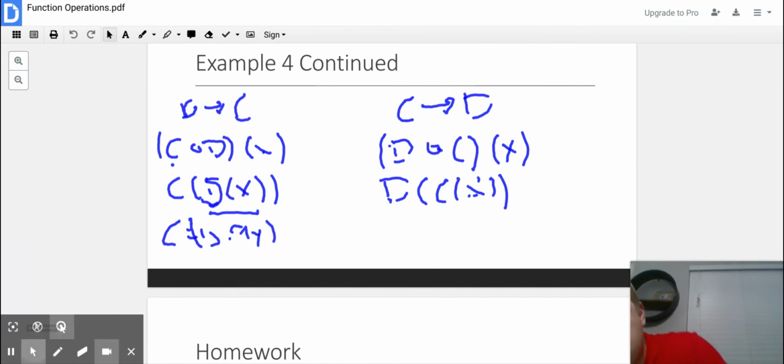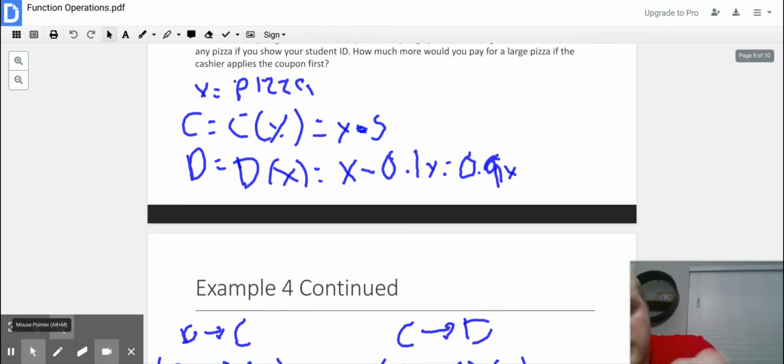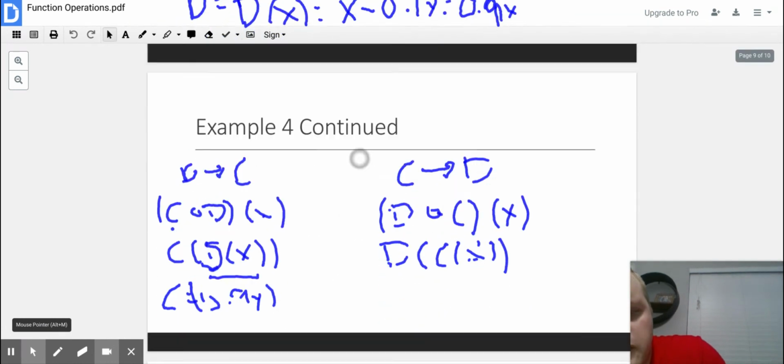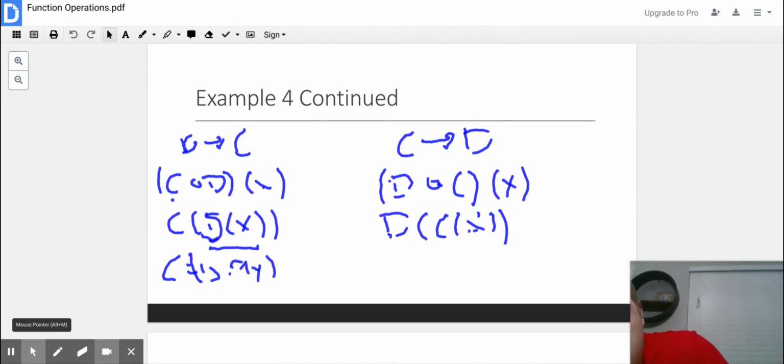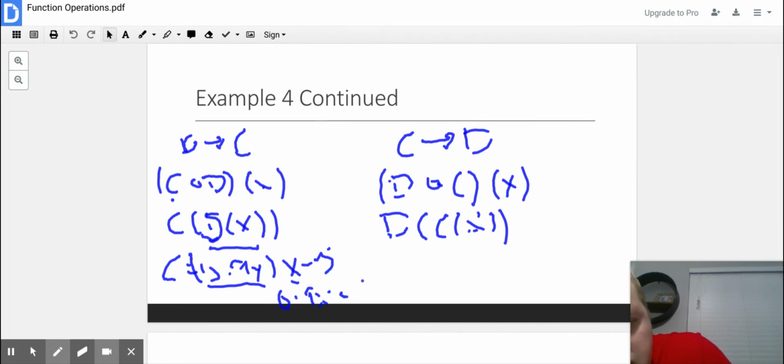And then if we go back, the equation for c was x minus 5. So I plug this value in for x. That should be 0.9x minus 5.